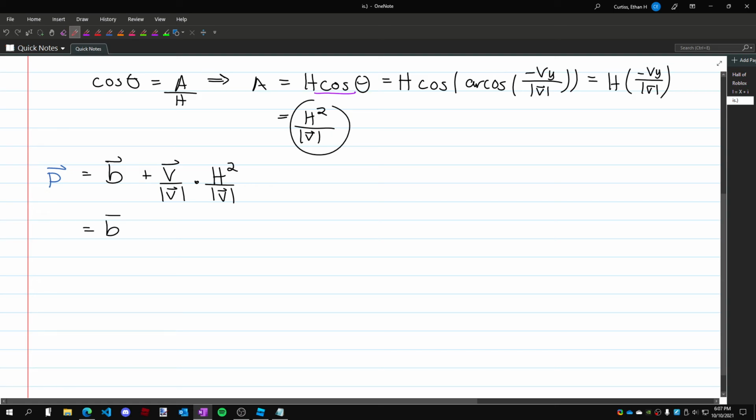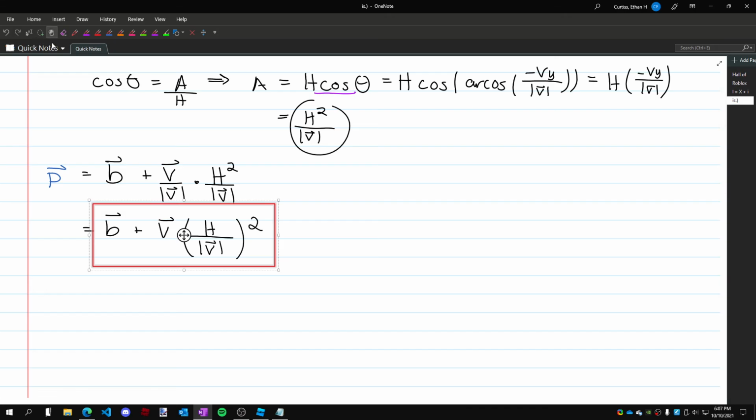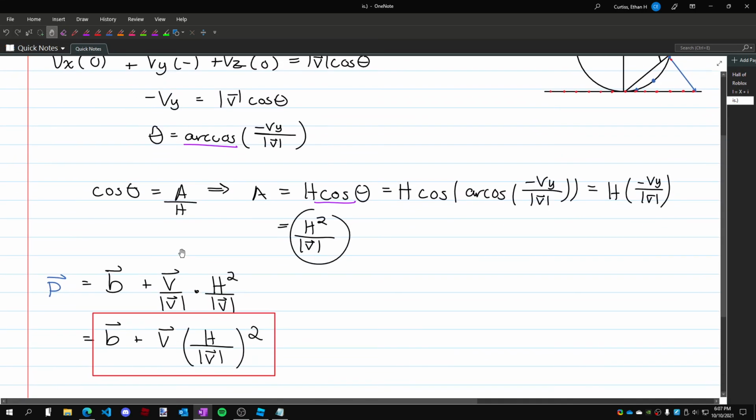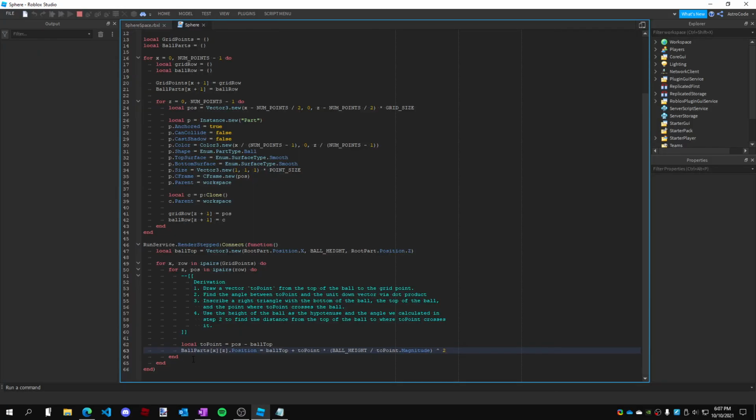So we'll just write it like this. Great, so that is our solution. That is how to get the blue points on the sphere, these points here. And I will leave the code in the description, but basically what we just calculated is this line right here.